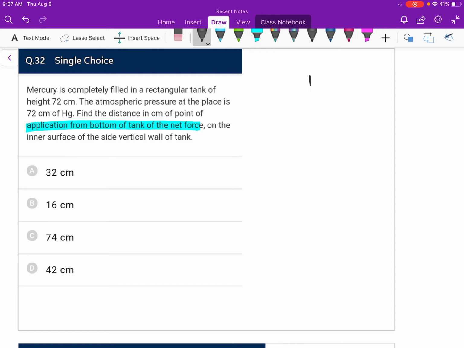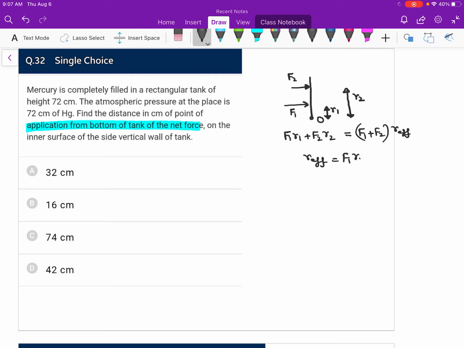Okay, so guys, first see the concept. Suppose from O, two forces F1 and F2 are acting at distances R1 and R2. So the torque will be F1 R1 plus F2 R2, and if the net force is F1 plus F2 and the combined effective distance is R effective, so R effective is (F1 R1 plus F2 R2) upon (F1 plus F2).